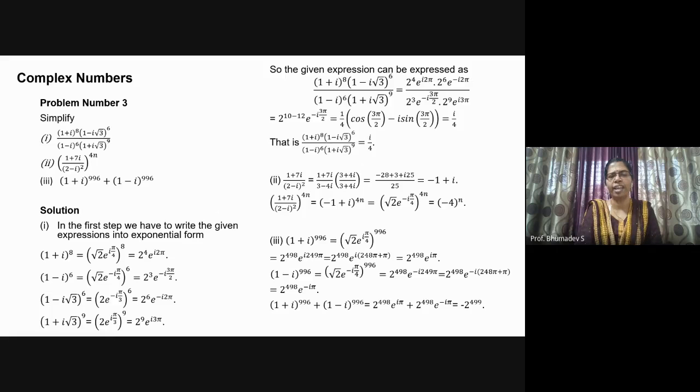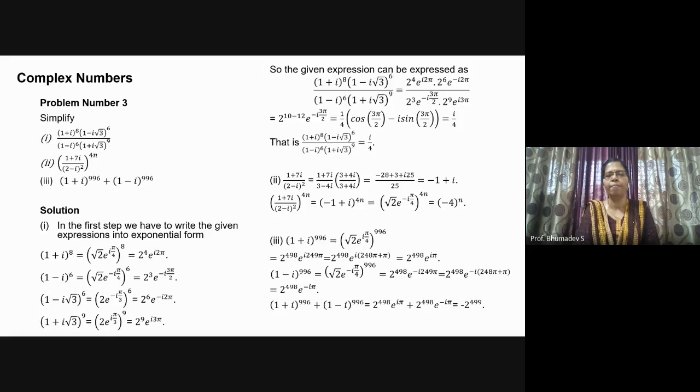The same way, for the second subdivision, 1 plus 7i upon 2 minus i the whole square, the whole power 4n should be simplified. First, we will simplify the term within the bracket, which is 1 plus 7i upon 2 minus i the whole square.